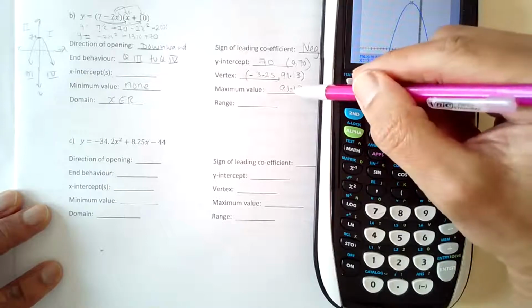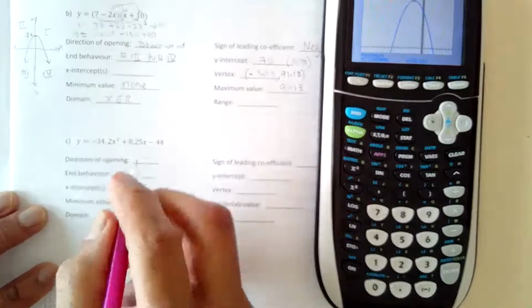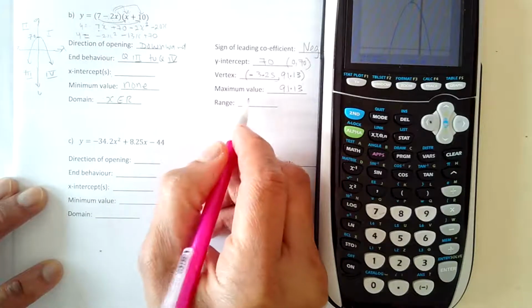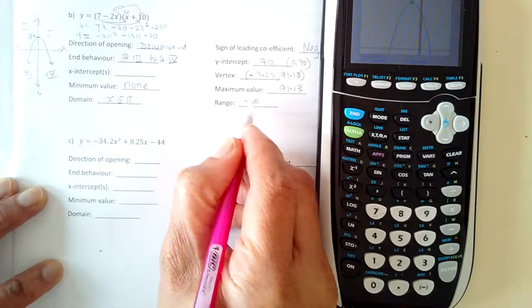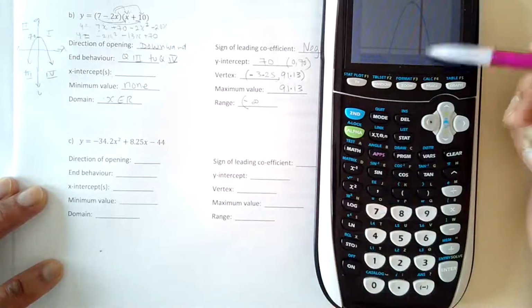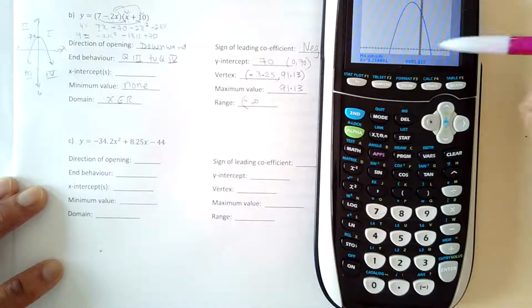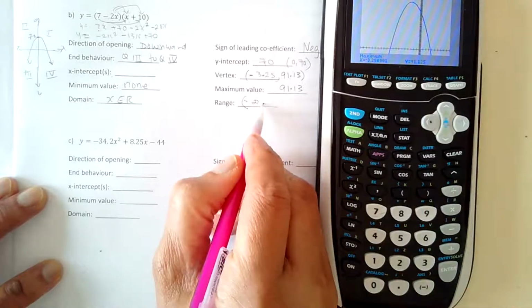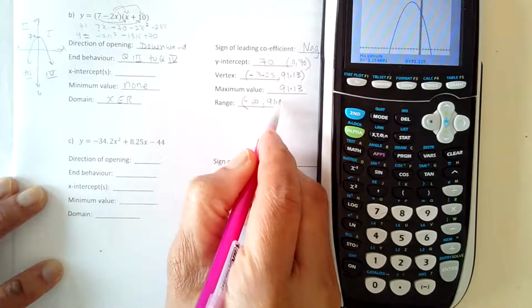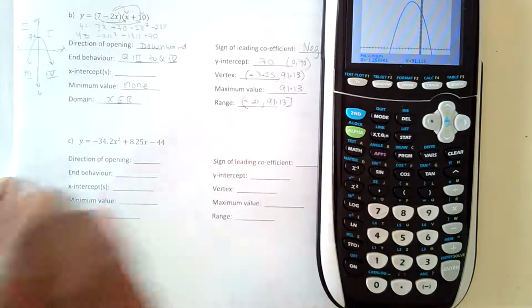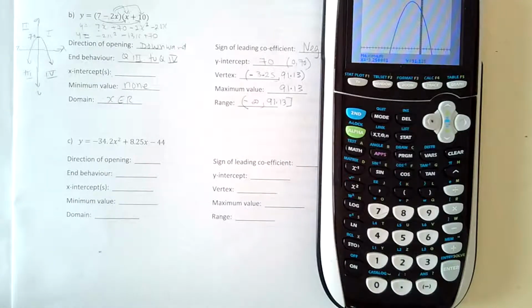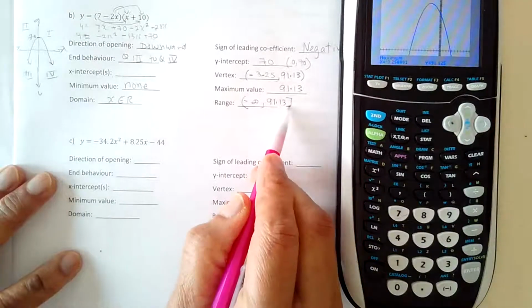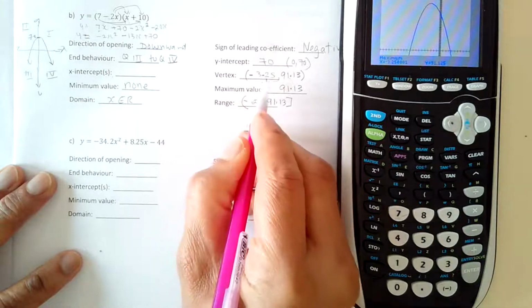In this case, it's 91.13. So it's always from negative y going up to 91.13. Now, technically, it doesn't touch here, but we're approximating it.